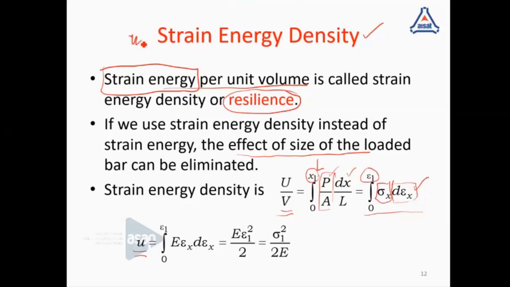The same expression, replacing sigma x by E into epsilon x, comes from Hooke's law. In Hooke's law, we know that in an elastic material, stress and strain are proportional, and E is the proportionality constant, the modulus of elasticity.